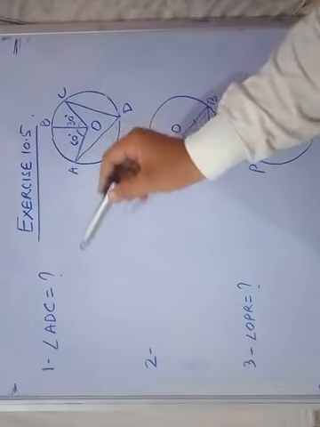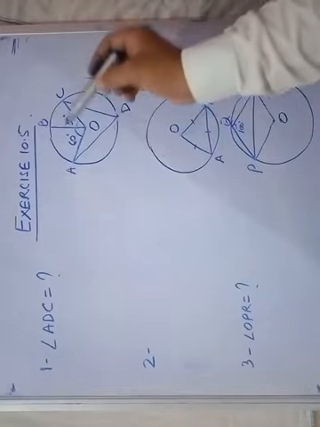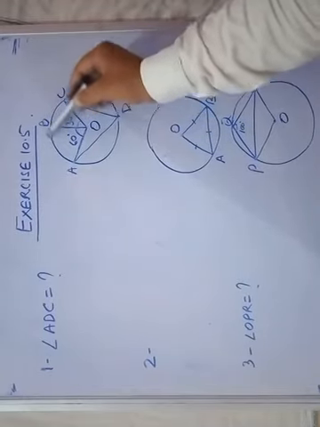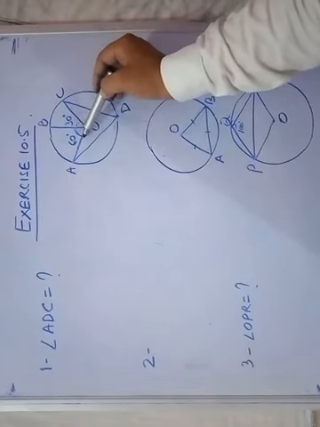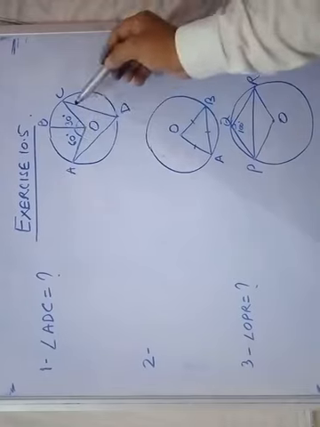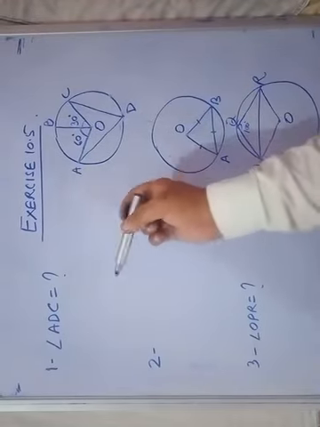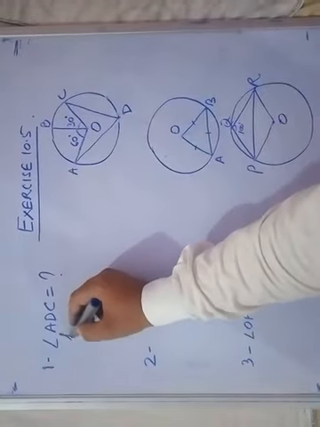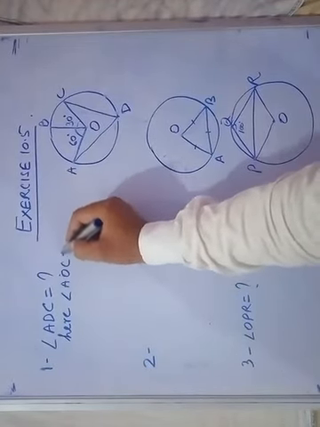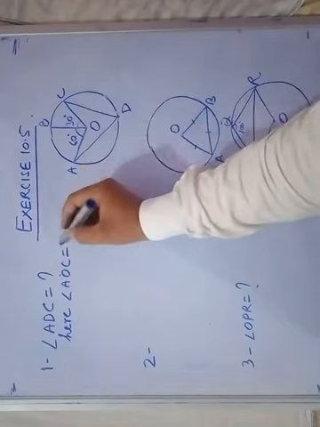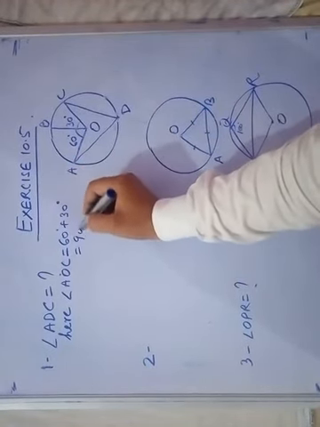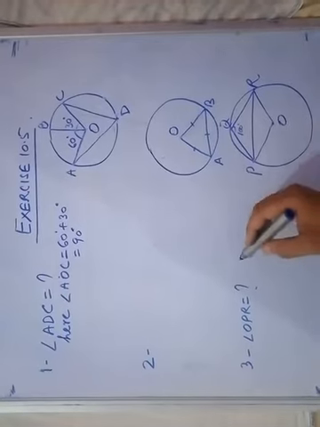As we know, by the theorem, the angle subtended by an arc, the complete arc AC, at the center is twice the angle at the remaining circle. So here the complete angle AOC will be 60 plus 30, that is 90 degrees.